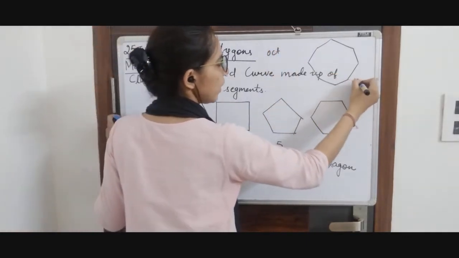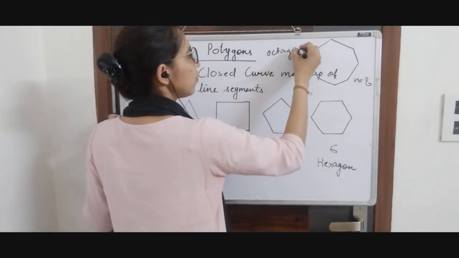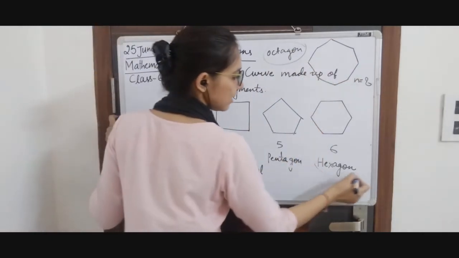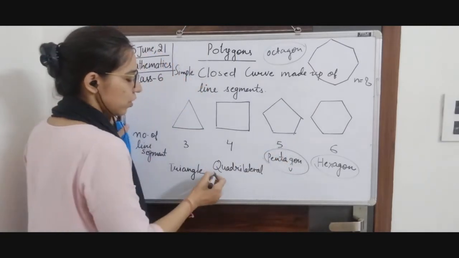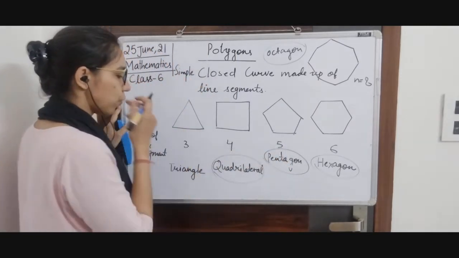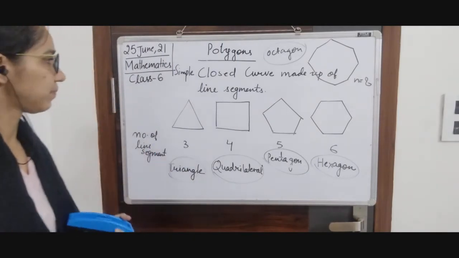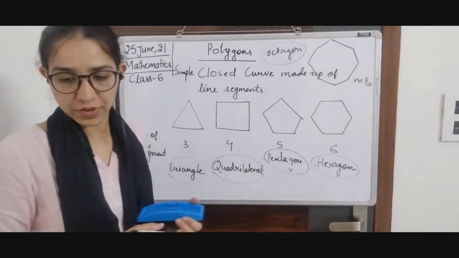Here n is equal to 8, and it will be called octagon. So octagon means 8 sides, hexagon means 6 sides, pentagon means 5 sides, quadrilateral means 4 sides, and triangle means 3 sides. Now we will be talking about exercise 5.8.